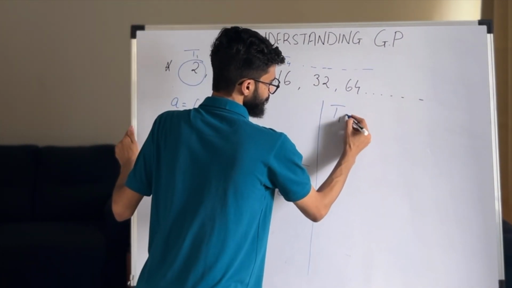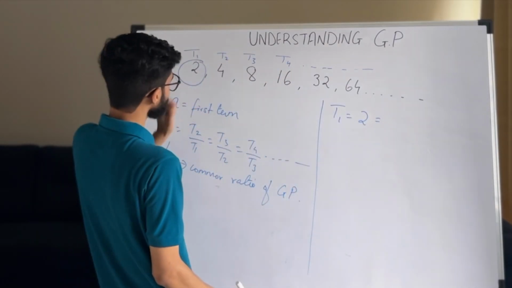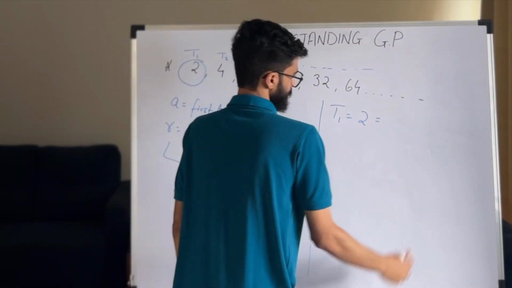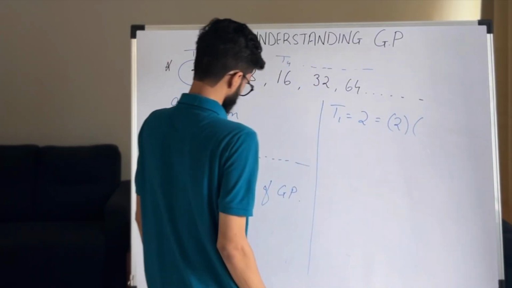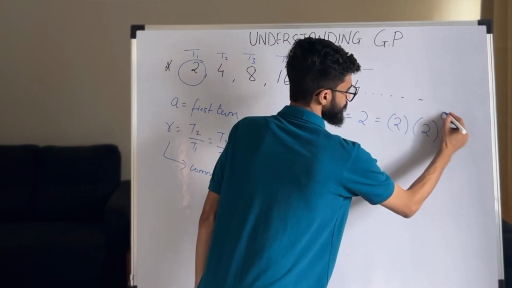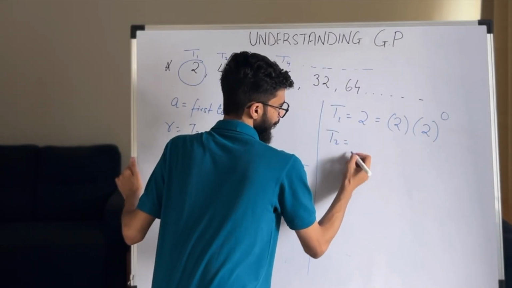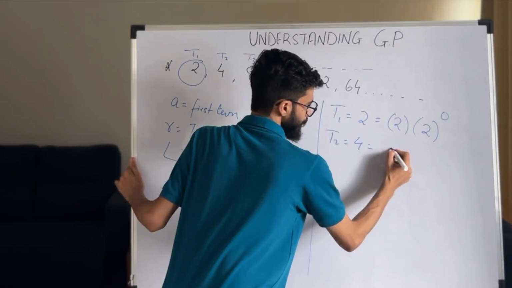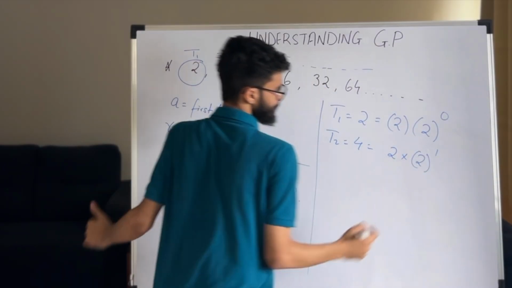Is my T1, 2 here, can I write this as 2 into 2 raised to 0? Now T2, can I write this 4 as 2 into 2 raised to 1?